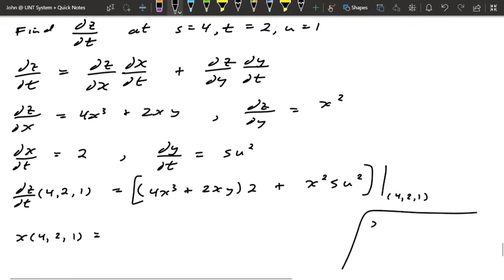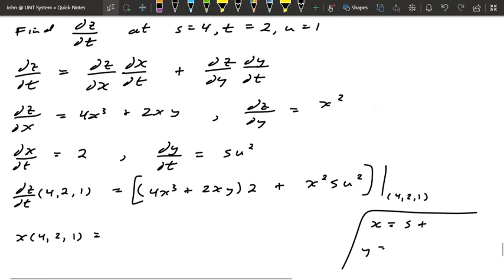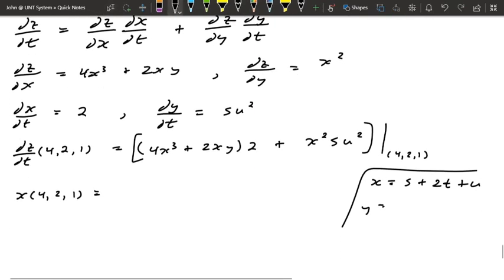Let me write down what x and y are again. s plus 2t plus u. And y is s t u squared.